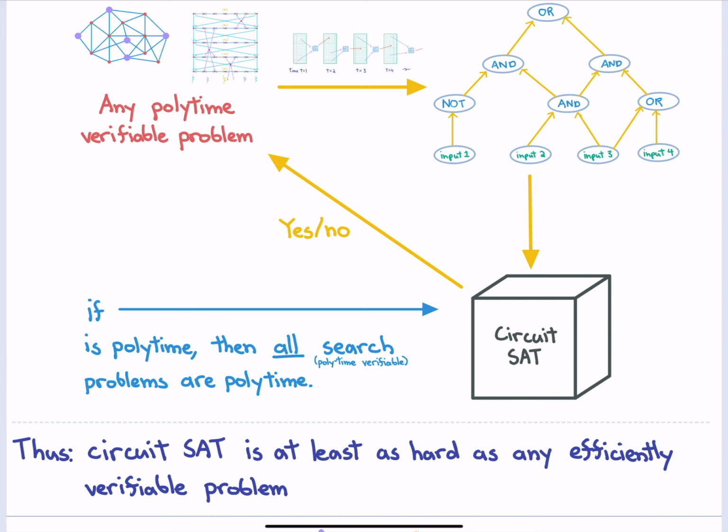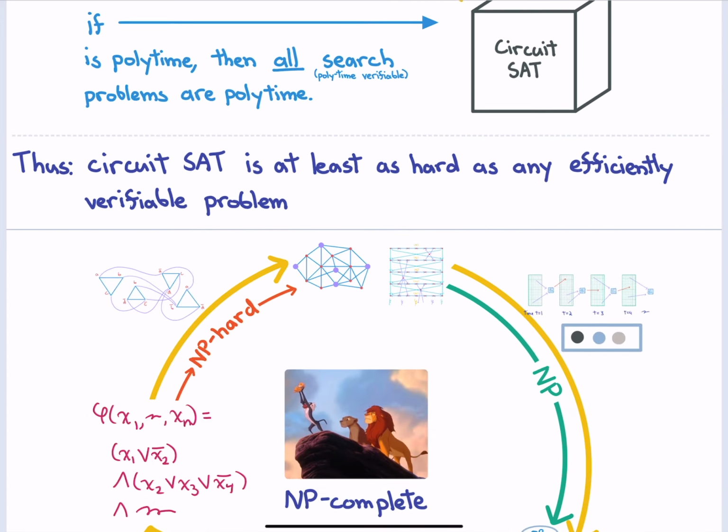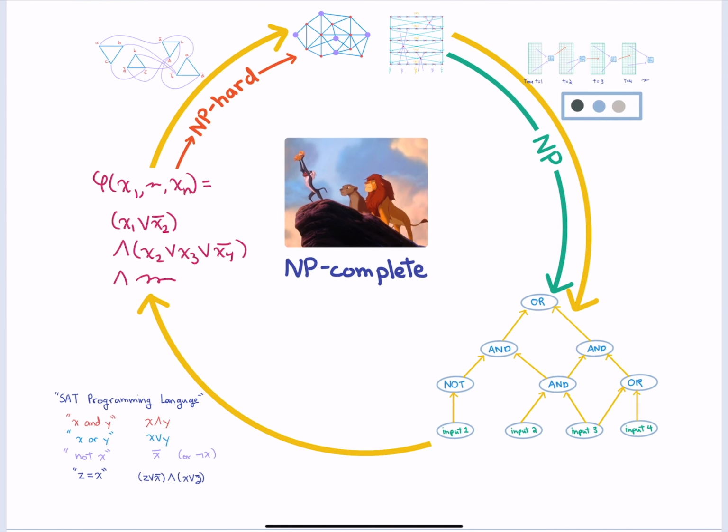So altogether, it all kind of comes together. Maybe two things to define. NP stands for non-deterministic polynomial time, which is a ridiculous name. In my mind, it always means not polynomial, but that's not actually what it means.